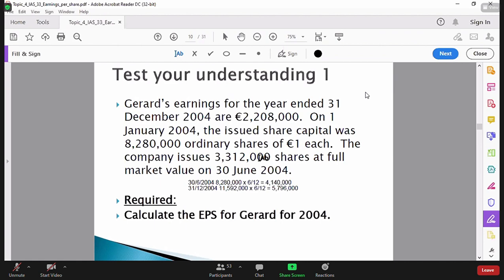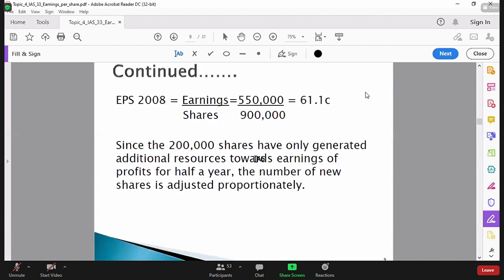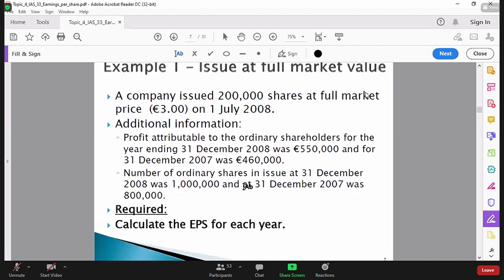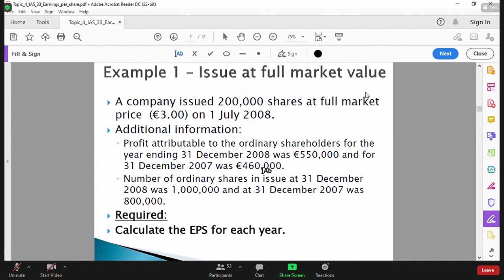9936. So it is very similar to this one. Cuma beza dengan soalan yang ni, dia tak bagi tahu increase by berapa, tapi dia mention only in the example that 31st December 2008 was 1 million, 31st December 2007 was 800,000. So yang ni you do not have to total up, because they have already totalled it up for you, meaning there is an increase because there is an issuance during the year.